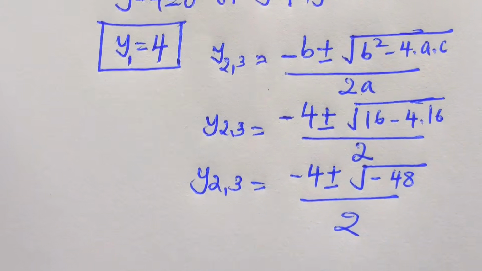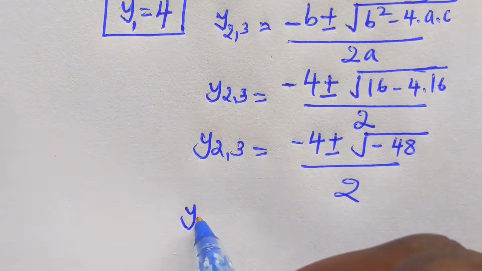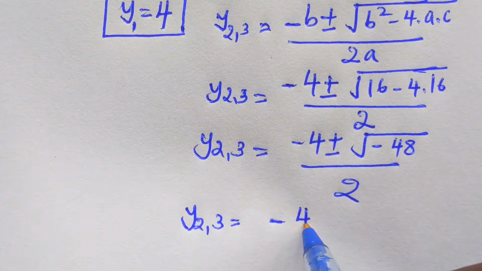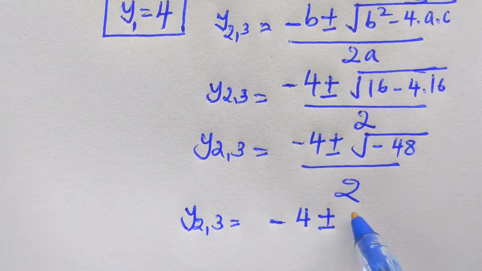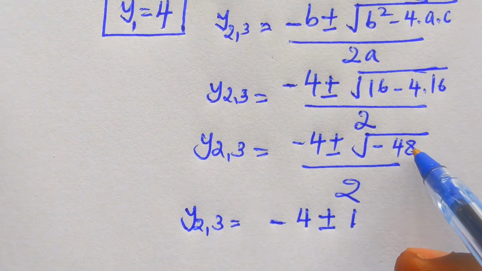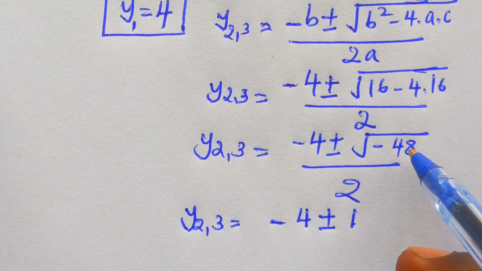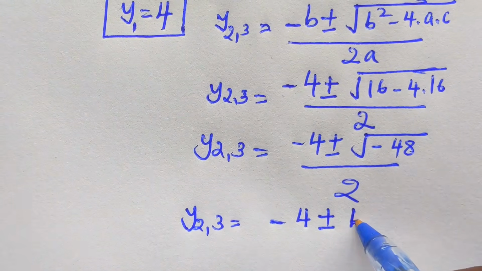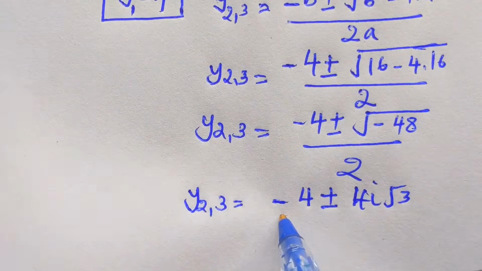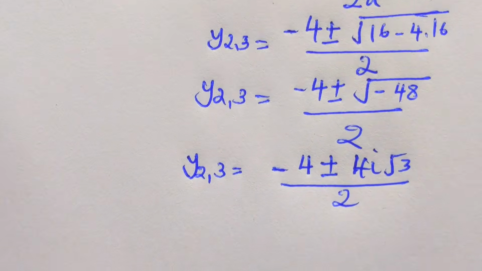And of course here y2 and 3 will be negative 4 plus or minus the square root of 16 times 3. The square root of 16 is equal to 4, so 4i square root of 3 over 2.